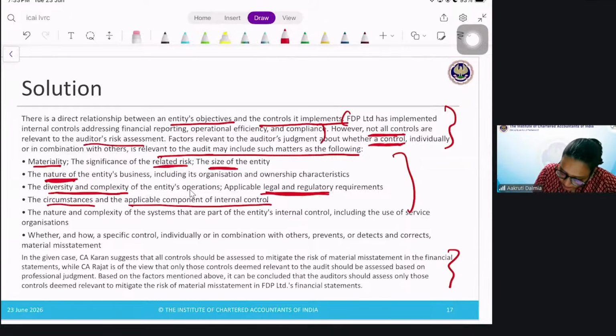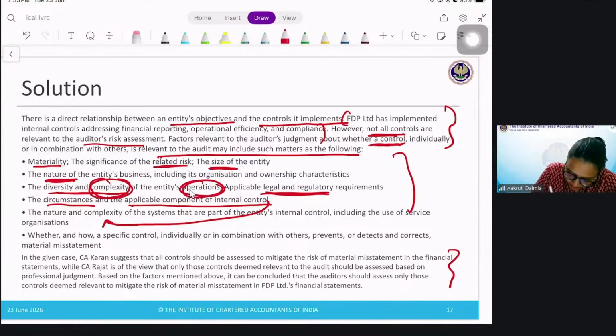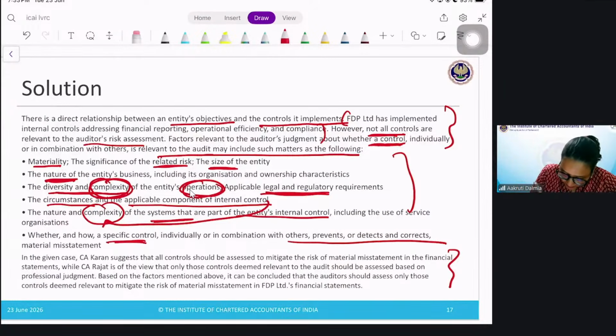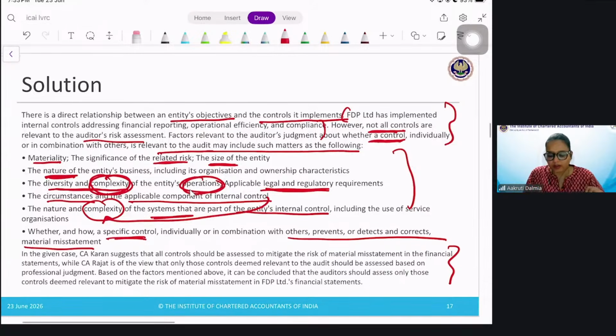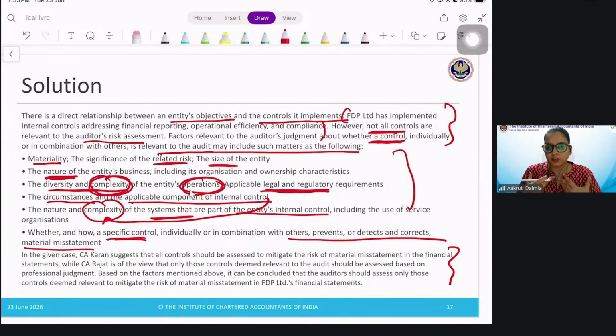Check this internal control system's complexity. This is entity operations complexity. And here we are seeing the complexity of the systems that are part of internal control. And whether a specific control can prevent, detect, or correct the misstatement. So whether I have to check or pay attention to some internal control, it depends on this.